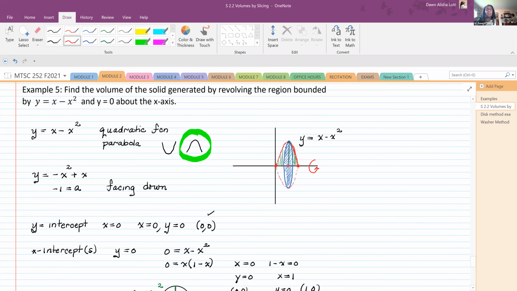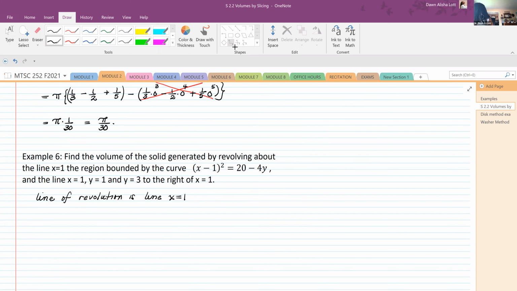Well, this one, whatever we graph, we're revolving it about the line x equals 1. So that already tells me I have a dy problem.